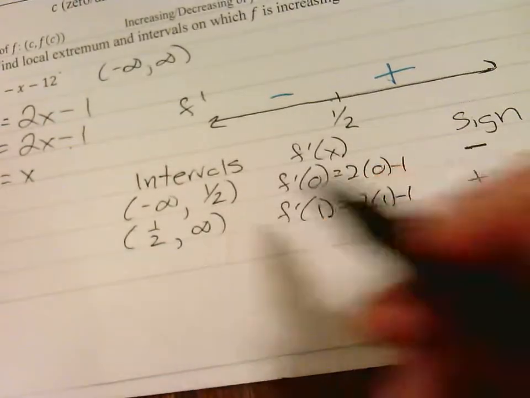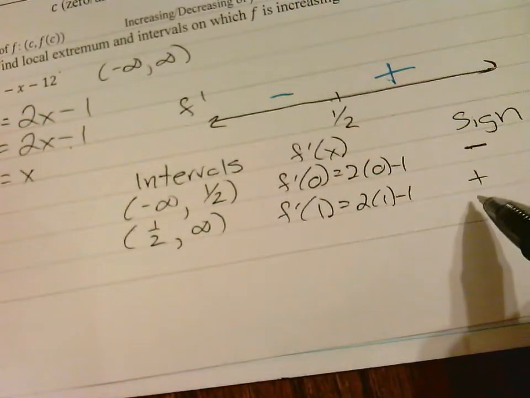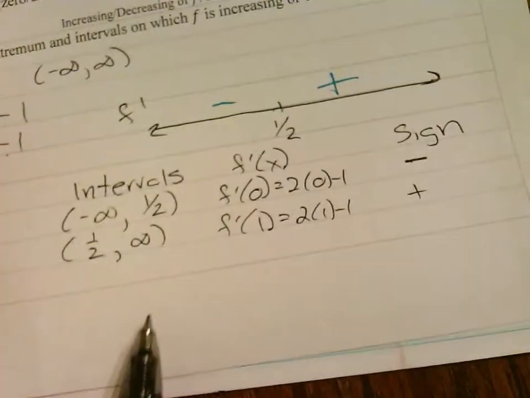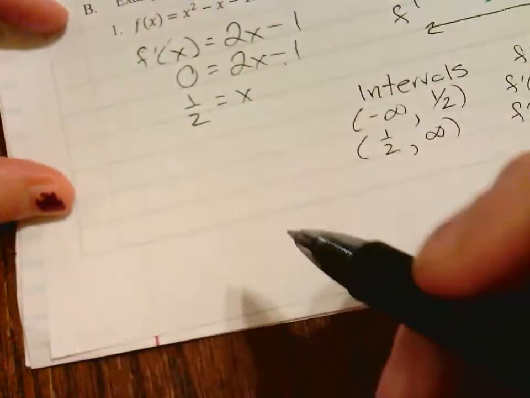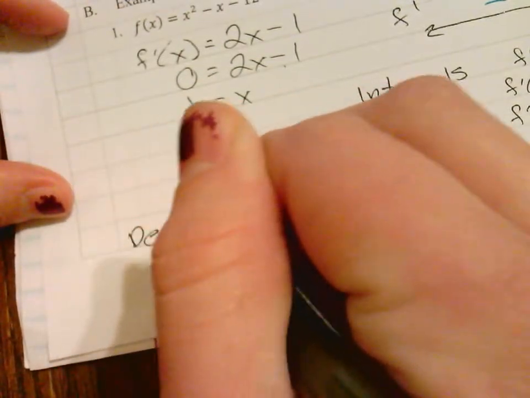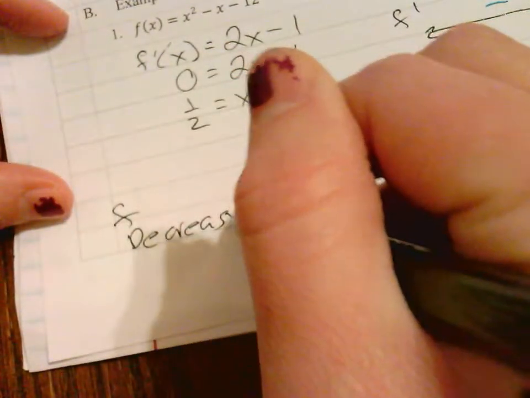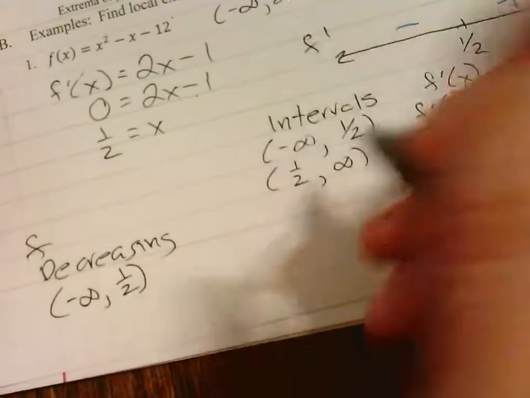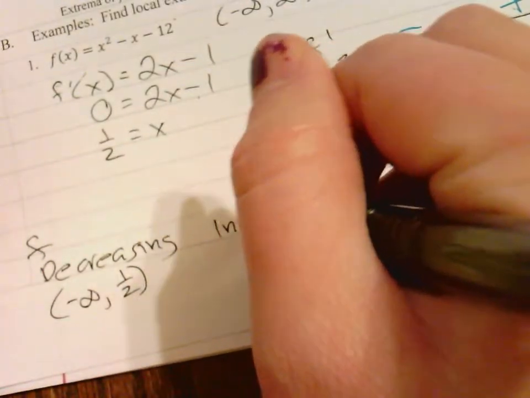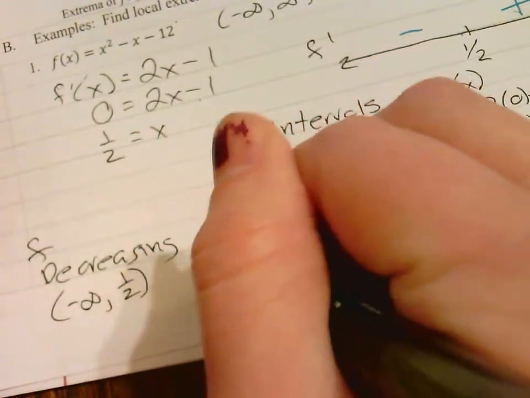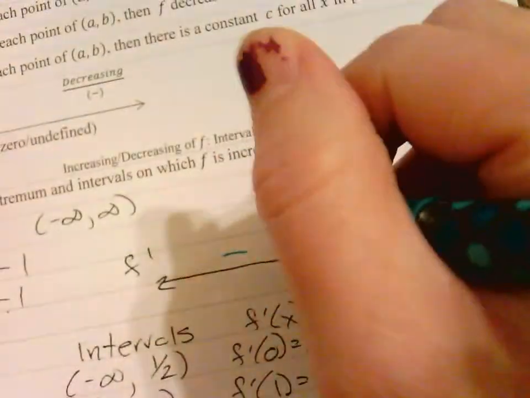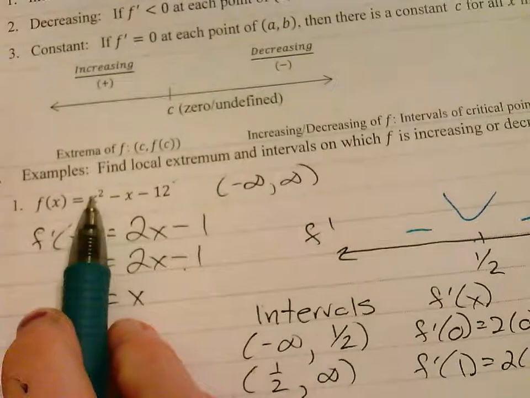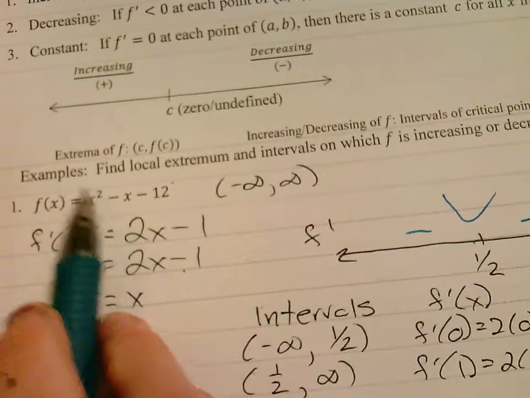So to find the extreme, let's do increasing, decreasing first. So the function f is decreasing on negative infinity to 1/2, increasing on 1/2 to infinity, and the extremum, which is going to be a minimum, which you could have also seen from the end behavior here, positive, even, it's going to be a parabola.